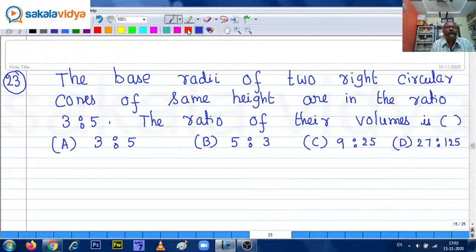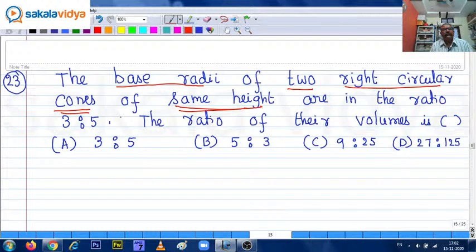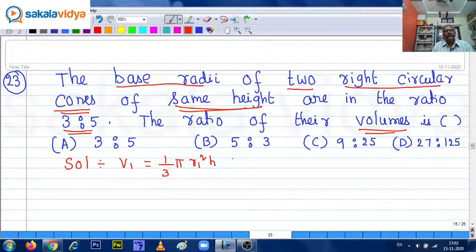You can check. The base radii of two right circular cones of same height. They have the same height. The base radii are in the ratio 3:5. Then the ratio of their volumes we need to find out. First V1, volume of the first cone, we can write 1/3 pi r1 square h, same height.